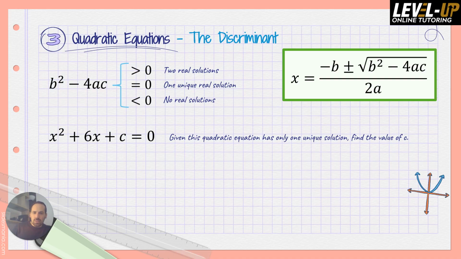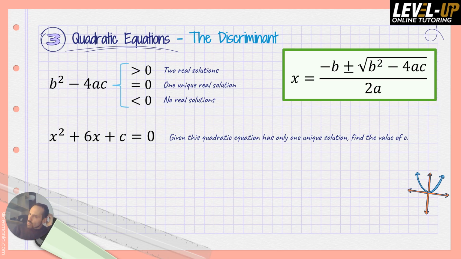One typical question you might get on this, another high grade question, is given a quadratic equation like this, where the constant is unknown, we've got x squared plus 6x plus c, and we're told that this has only one unique solution. Find the value of c. That basically means the discriminant is 0.